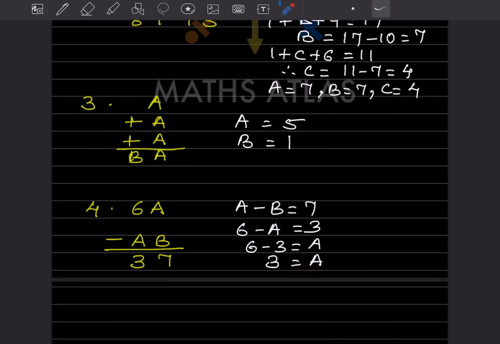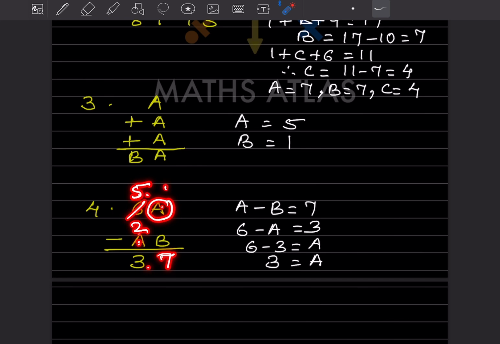Because if we are considering this as borrowing, this is going to be 5, because here there will be some bigger number. So if we take here 5, 5 minus 2 is going to be 3. Hope you got this.